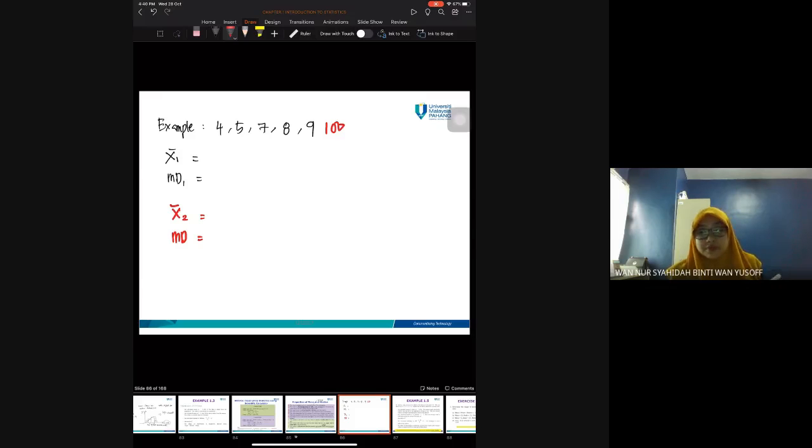For the S bar 1 and S bar 2? The answer? Okay, so mean 1 is 6.6.